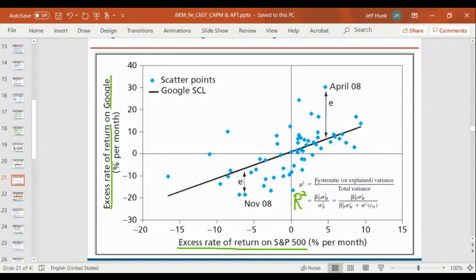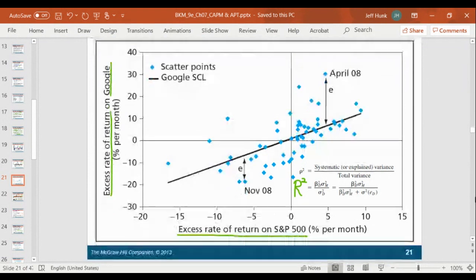But the reality is we're not given the equation of the line. We are given the data plots, the scatter plot, and through regression, we're trying to find the best fitting line. Therefore, R square, or the goodness of fit, would obviously be less than 1.